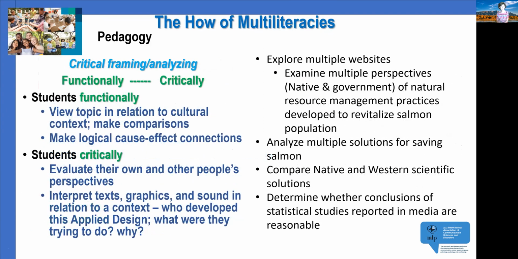And then you want them to explore resources on the internet, exploring multiple sources about attitudes about the salmon, government, and native approaches, reading about some of the treaty history between the natives and the federal government, looking at the kinds of solutions or explanations people are giving.